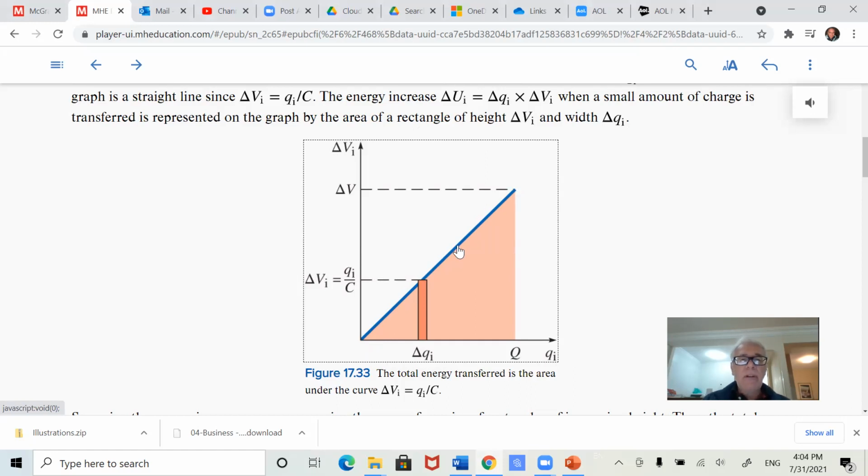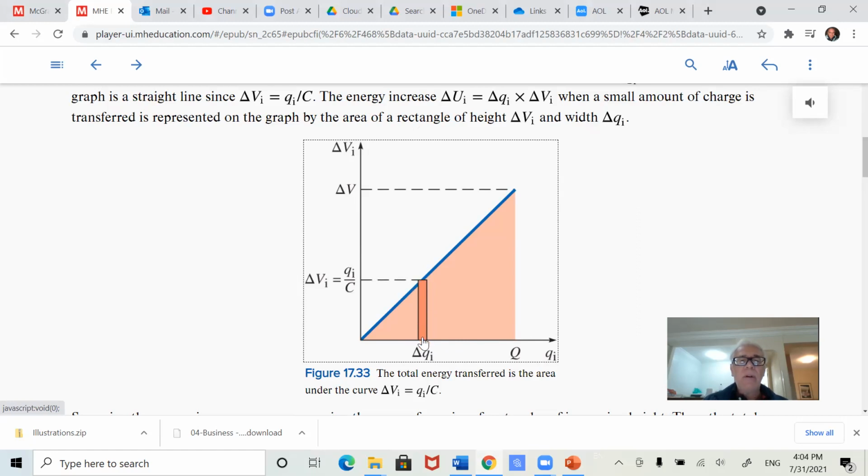The total energy transferred to the capacitor is going to be equal to this area right in here under the curve. Okay, so when you get just a little bit of charge, an amount of charge delta Q, what's going to be the potential energy that you're creating?